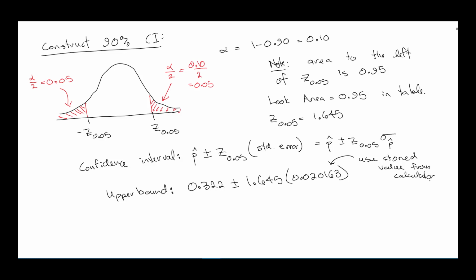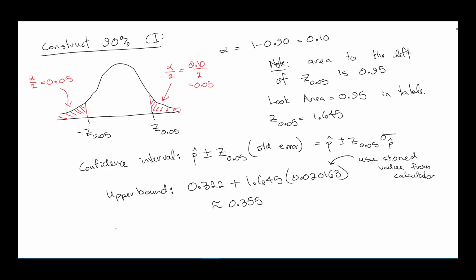And we usually round them to the third decimal place if we rounded the proportion to the third decimal place. So I think that 0.355 turns out to be what we have here. Okay, and ooh, hang on, I wrote plus or minus, but the upper bound is actually just the plus.